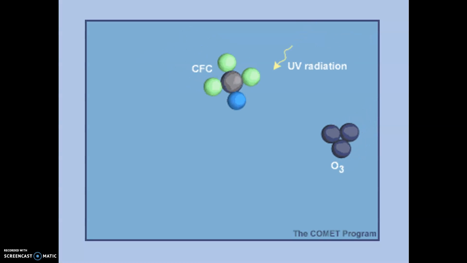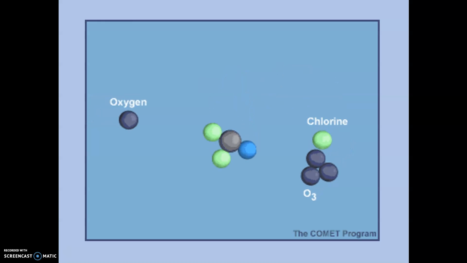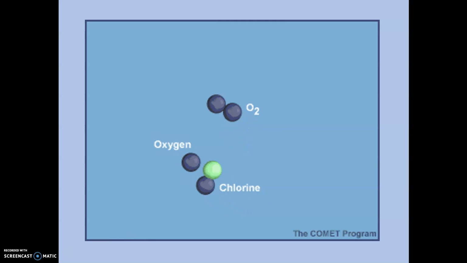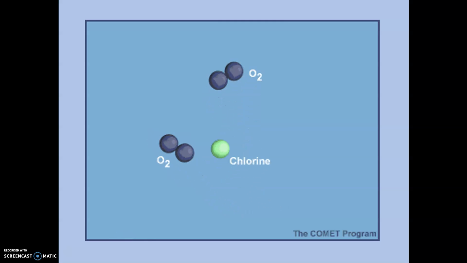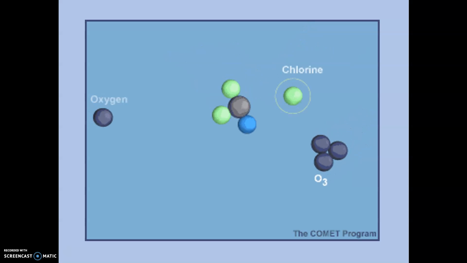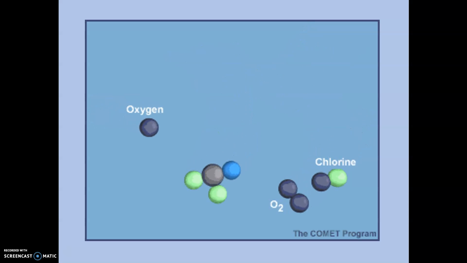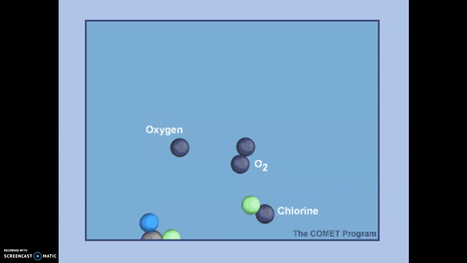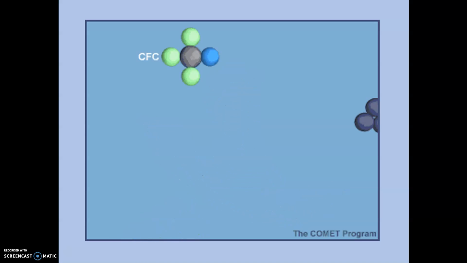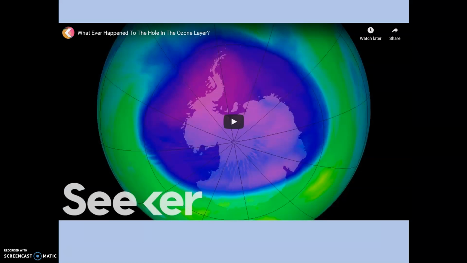Here's an image of how that works. You can see that chlorine goes and steals it. Now it's no longer O3, it's O2. So the nice thing is we as humans decided to more or less stop the production and use of CFCs. And so this problem of the ozone is sort of becoming a little bit better over time.